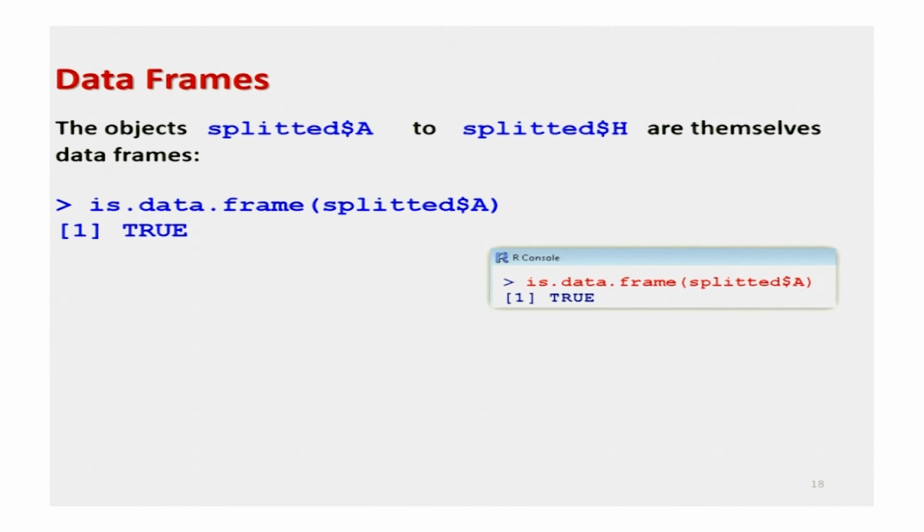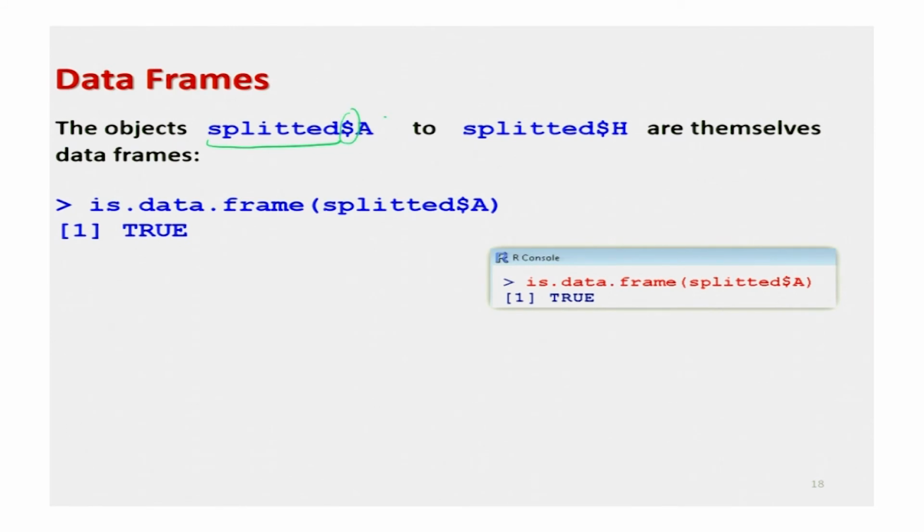Now the next question is, whatever the outcome of this splitted value, how are you going to access only a subset based on this splitting? You simply write the name of the splitted object followed by a dollar sign, and then the name of the factor level under which the data has been split.